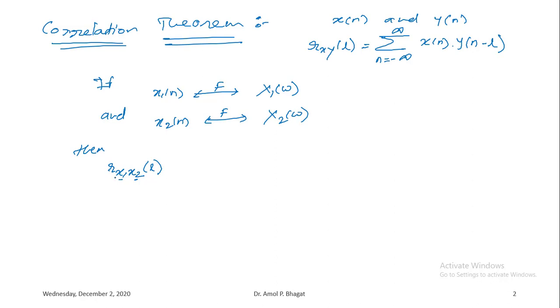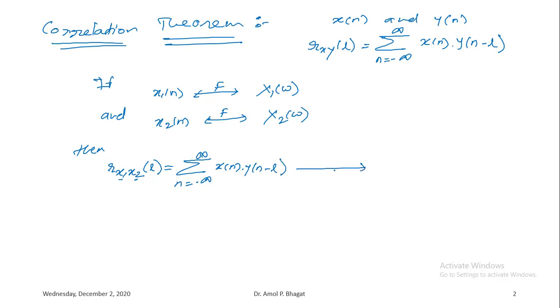Before that I will write the formula for the cross correlation: summation n equals minus infinity to infinity x of n into y of n minus l.